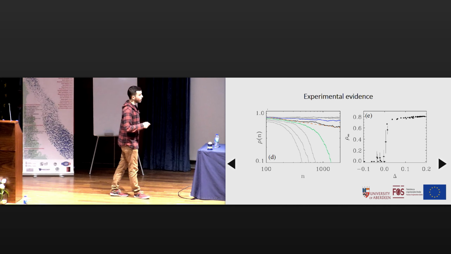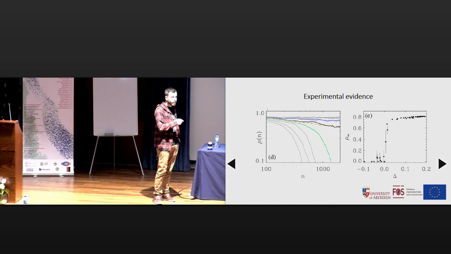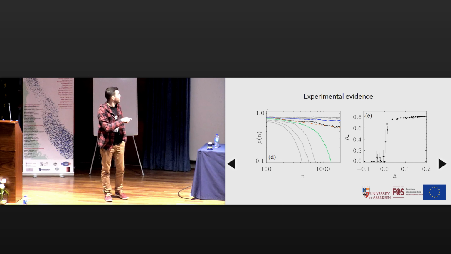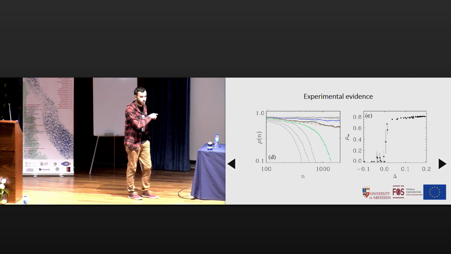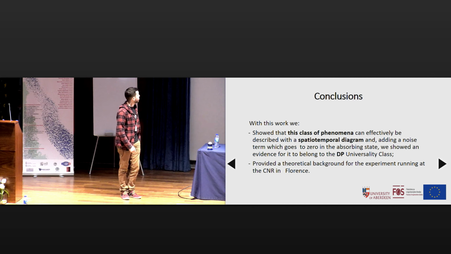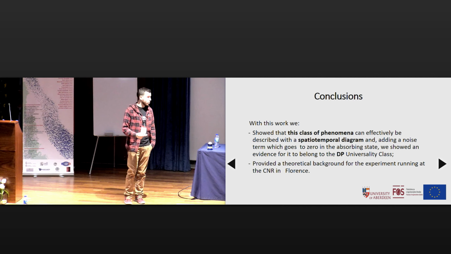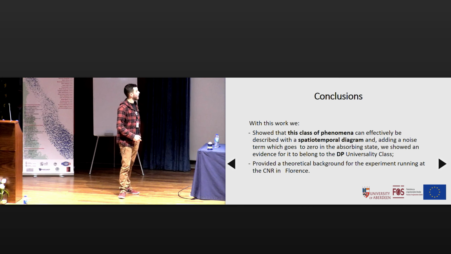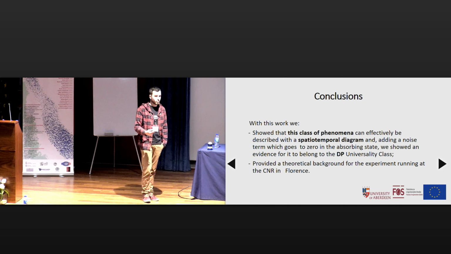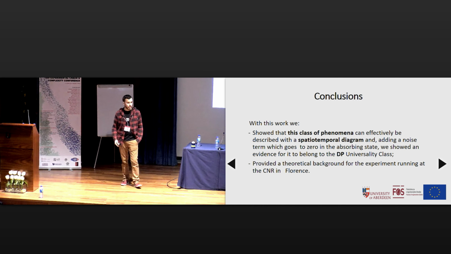These are the results of the experiment. Of course, if you work with lasers, you know why they couldn't have that precision. I showed you with numerics. But the experiment is showing a very good agreement of the time decay with the universality class. So I'm done. The conclusion is that, as I showed you, I am reproducing evidence for this kind of system to belong to the DP universality class.